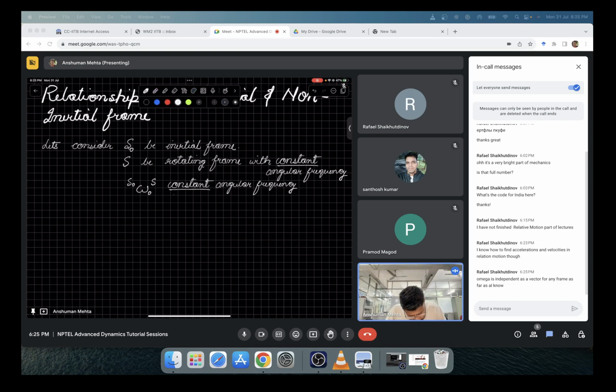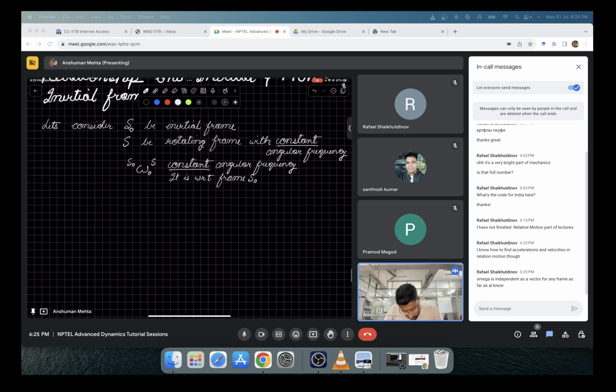And it is with respect to frame S naught. Now let's say q is any arbitrary vector.